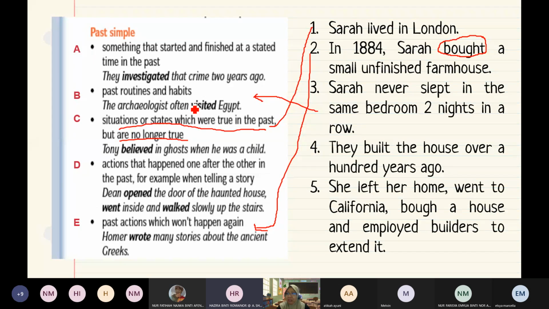Alamak, Hazwa, I cannot hear your answer. Mana Hazwa? Alright, number 4, the answer is A, correct. And the last one is, of course, D.